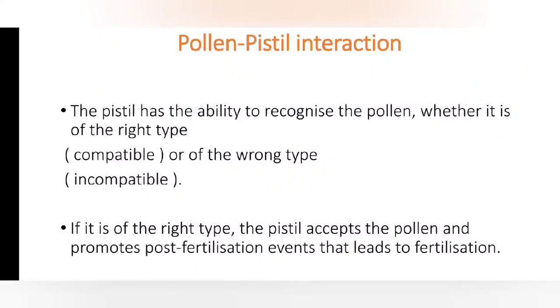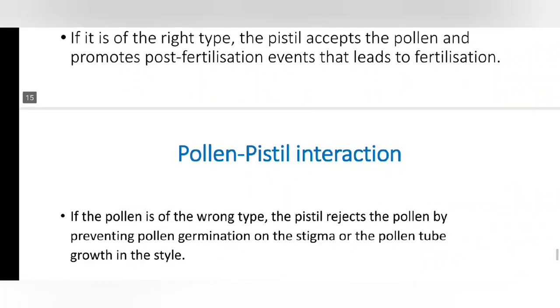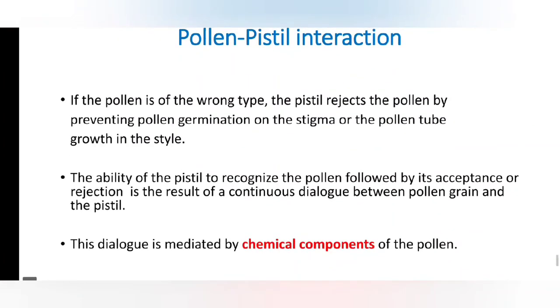If it is of the right type, that means if it is suitable, the pistil accepts the pollen and promotes post-pollination events that lead to fertilization. If the pollen is of the wrong type, that is, if the pollen is not at all suitable, the pistil rejects the pollen by preventing pollen germination on the stigma.